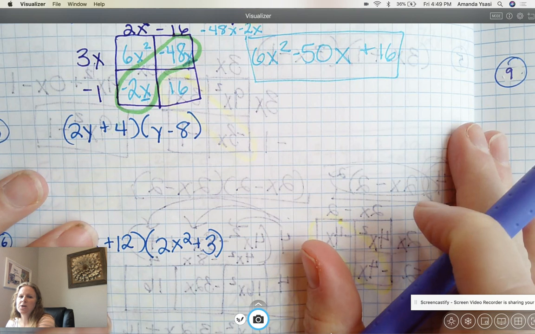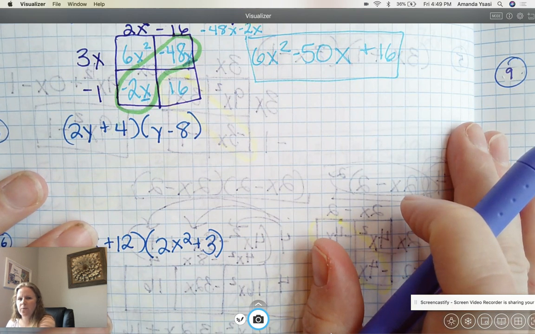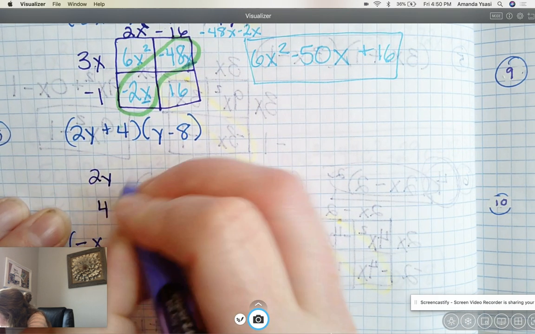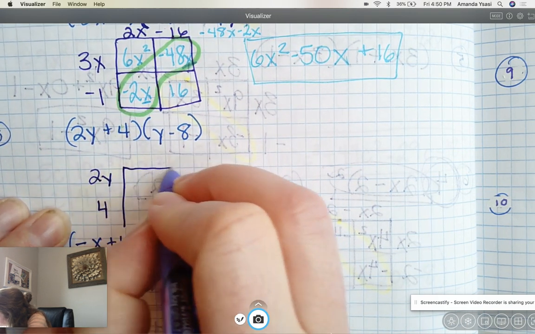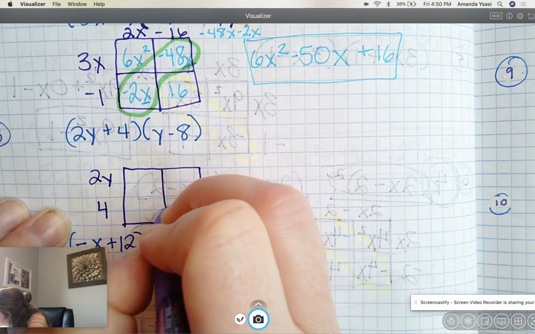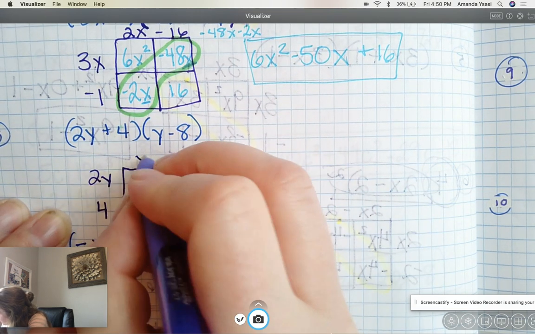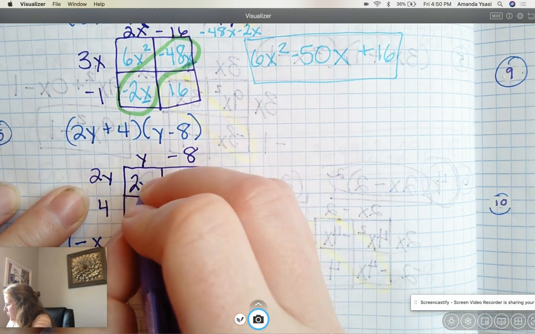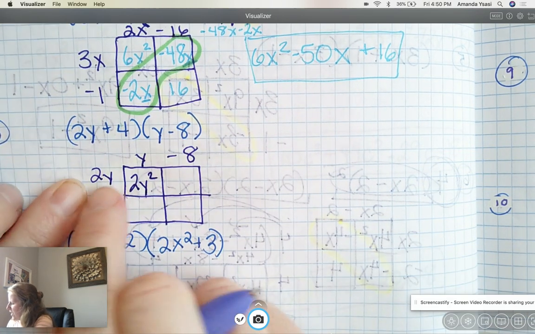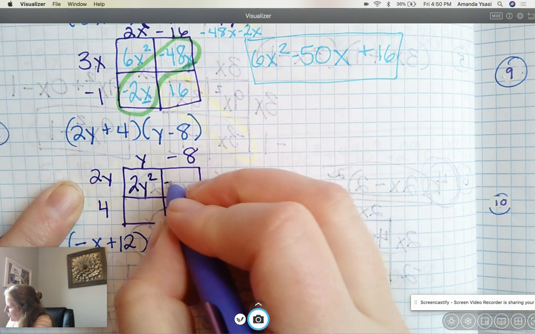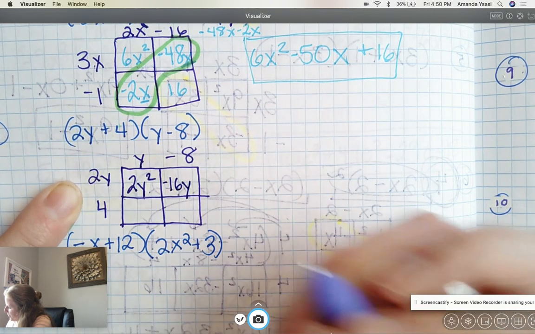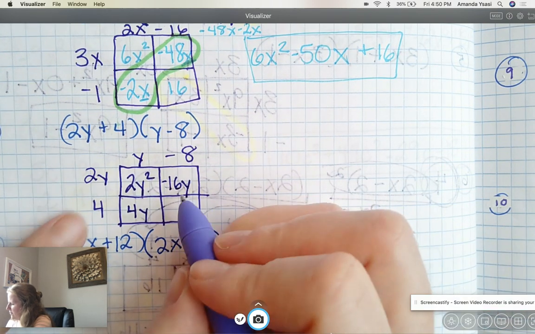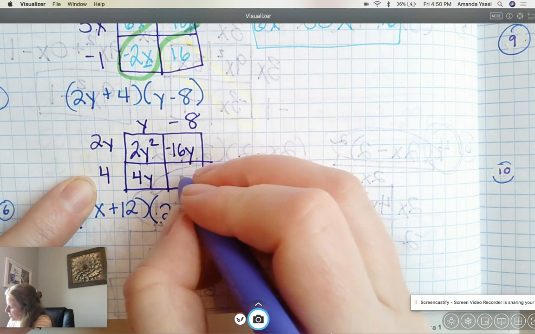So the next one, 2y plus 4 and then y minus 8. So 2y times y is 2y squared. 2y times a negative 8, negative 16y. 4 times y is positive 4y. 4 times negative 8 is negative 32.